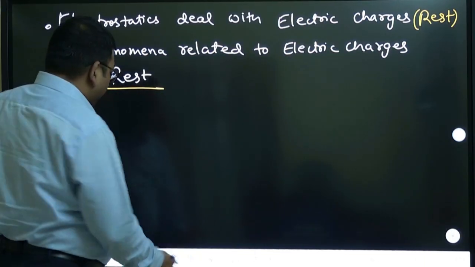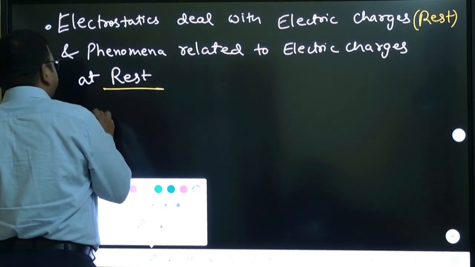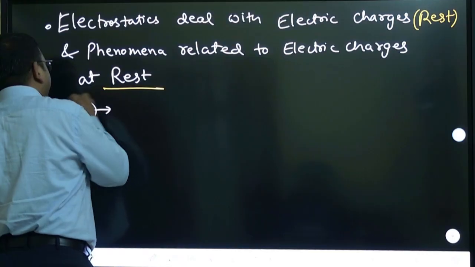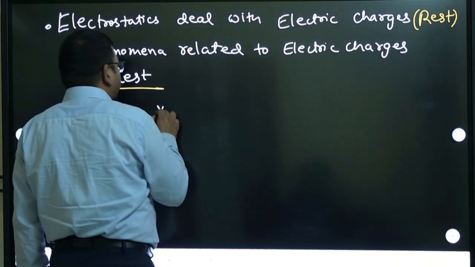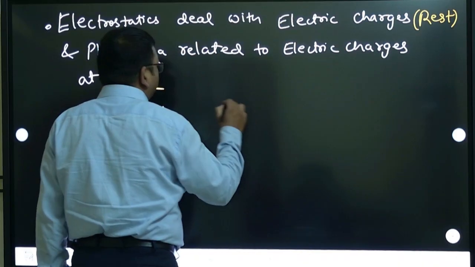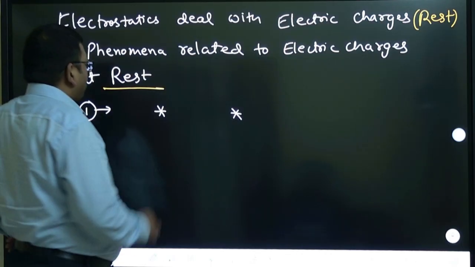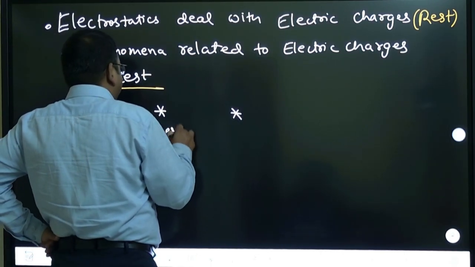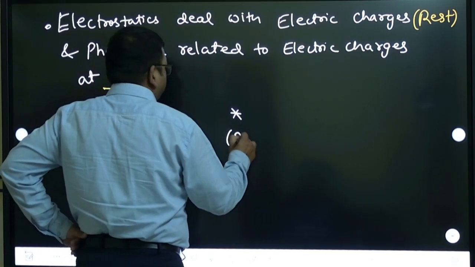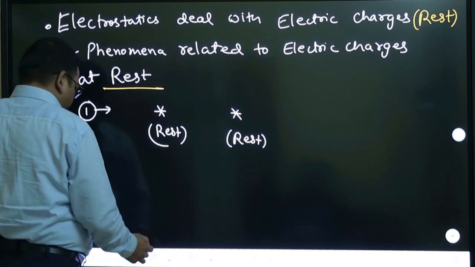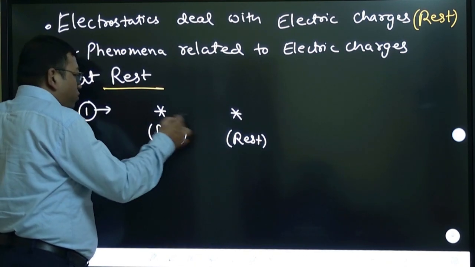And what are the phenomena that can happen? Now let us try to understand some of the phenomena. The first phenomenon is this: let us say two charges are at rest. These can be any two charged bodies. Charges at rest produce forces between them.